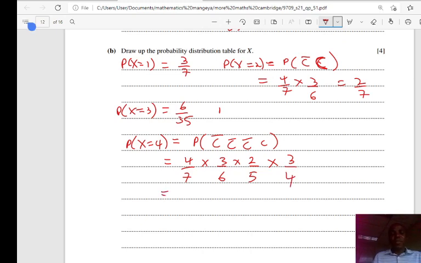So this one will be 4 divided by 7 times 0.5, which is 3 divided by 6, times 2 divided by 5 times 3 divided by 4, which is 3 over 35.